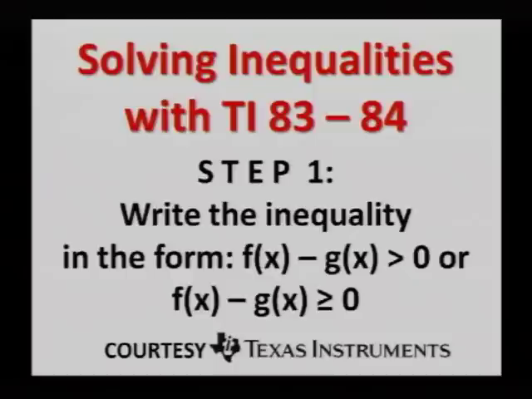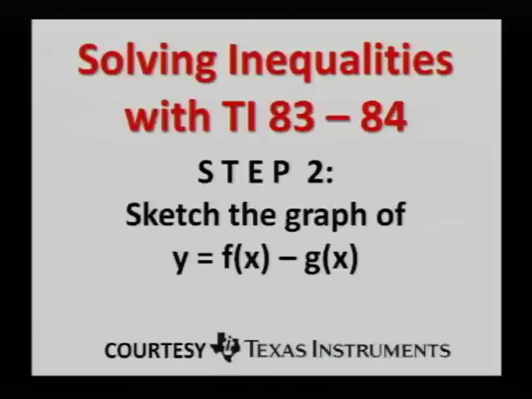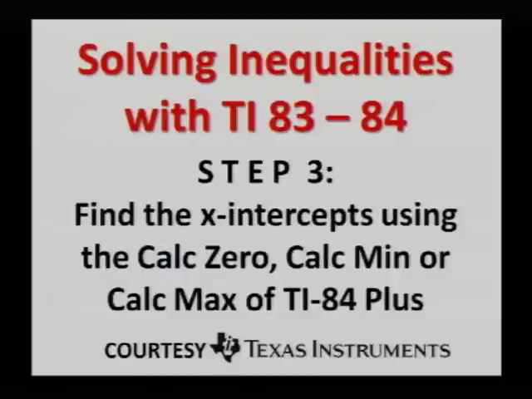Write the inequality in the form f of x minus g of x is greater than 0, or f of x minus g of x is greater than or equal to 0, depending on how the inequality was given in the first place. Step 2. Sketch the graph of y equals f of x minus g of x. Step 3. Find the x-intercepts using the calculate 0, calculate minimum, or calculate maximum of the graphing calculator.